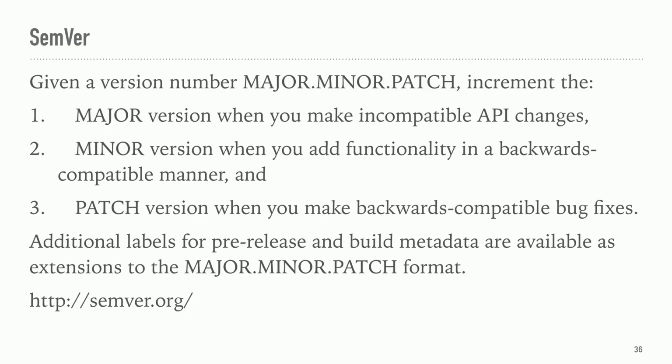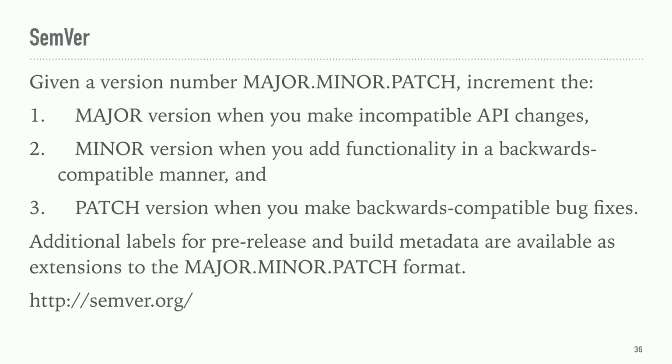Minor would be increased if you are changing or adding something, but it is backward compatible with your current version. And finally, patch would be increased when you have very, let's say, insignificant changes, like maybe you are changing the legend of a message or something, or when you are applying fixes and they are going to be backwards compatible.